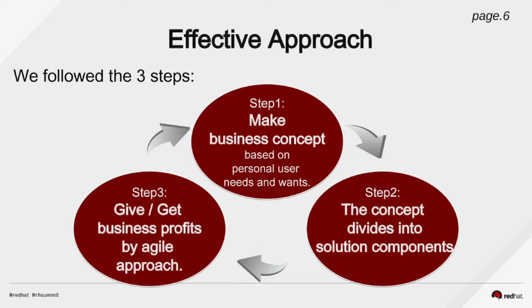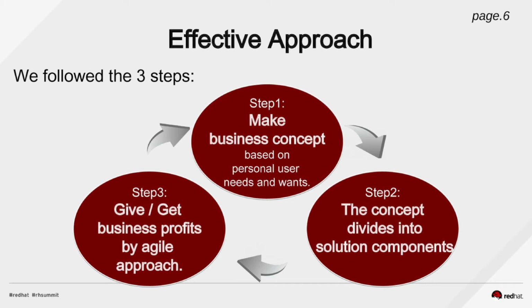After this, I'd like to share some approaches. We followed three important steps in realizing the concept. The first step is making the business concept. In this case, it's transforming to the real-time stage.